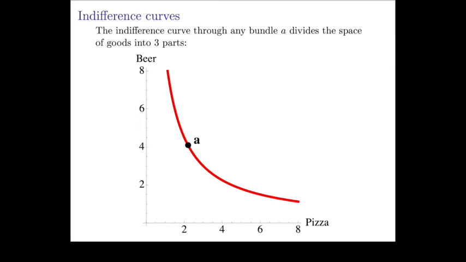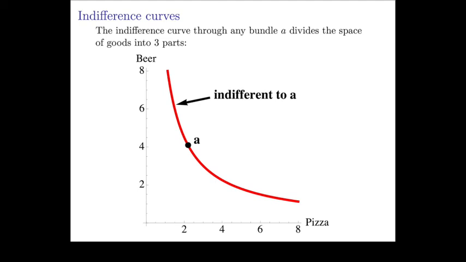Now remember, the indifference curve that passes through any bundle, like A, divides the space into 3 parts. This is as we've seen earlier. There's the stuff that's better than A, or gives higher utility than A. The part that's worse than A, or gives lower utility than A. And the stuff that you're indifferent to.